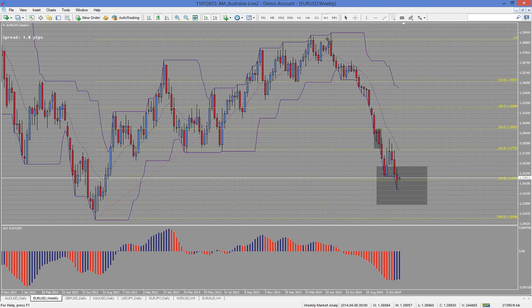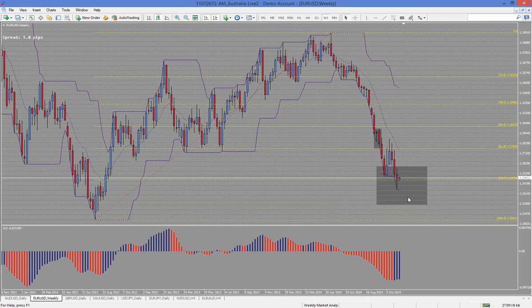If I do a fib level right now, I can see that on a weekly chart I'm sitting right on a fib, on a 78.6. That's actually quite encouraging if I was interested in having a look at a little sneaky kind of trade in that direction. There is a reason why I'm showing you this. Just hold on and I'll explain.